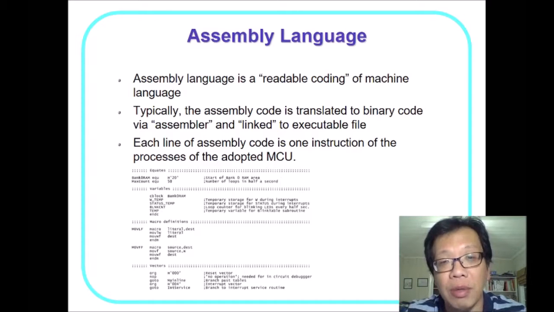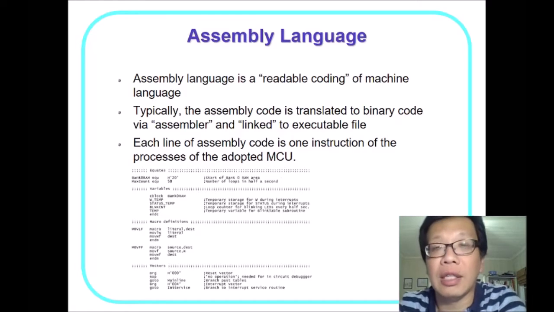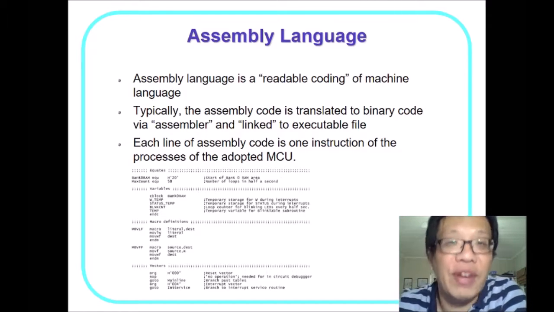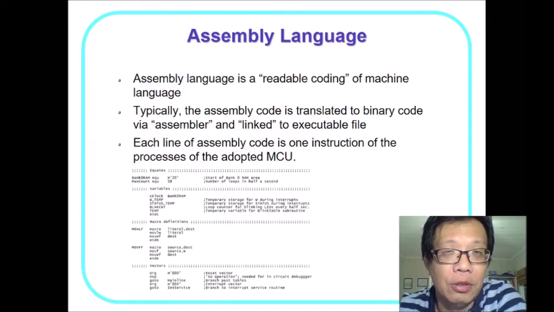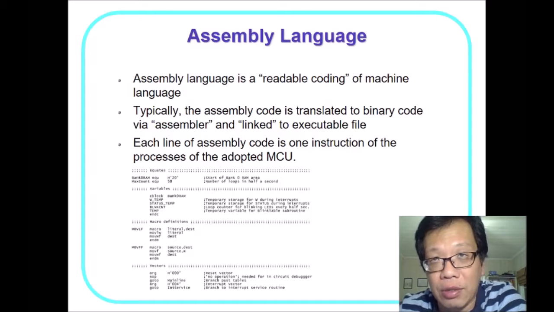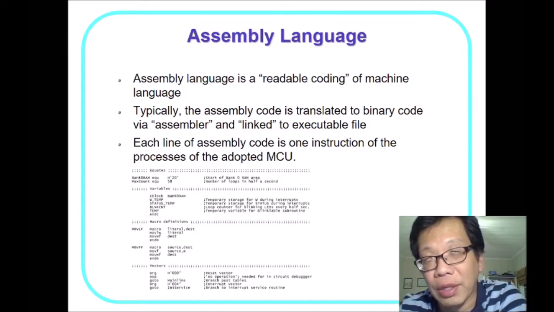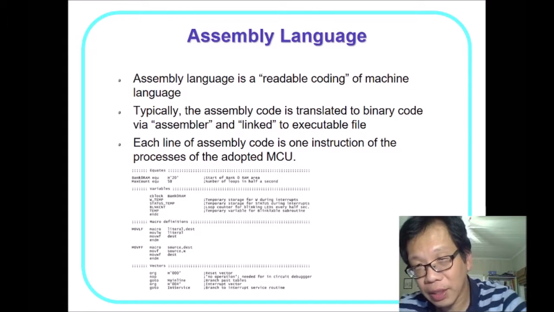We use assembly language. Assembly language has the benefit that it is super fast. Compared to all kinds of languages, assembly language designed for a specific processor is going to be the most efficient language used for that specific processor.